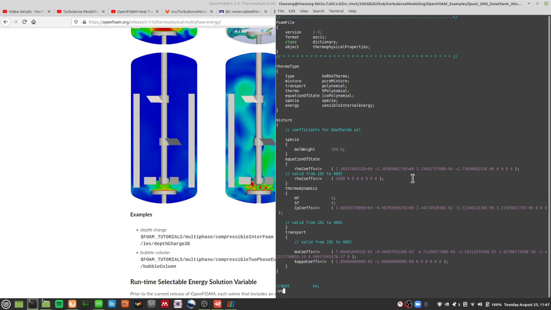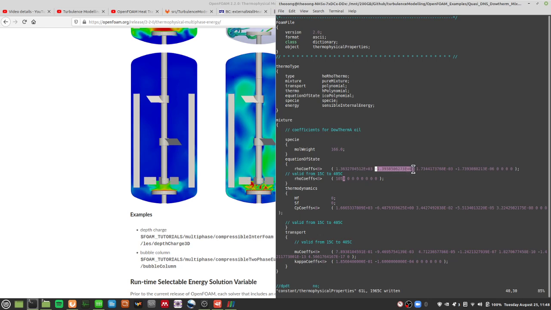Basically what this means is that this is a polynomial expression of temperature, and these are the coefficients of each term in the polynomial. This one is the coefficient of T to the power of 0, so it's just a constant.